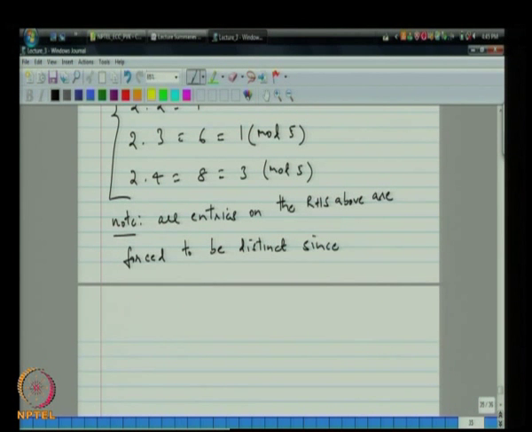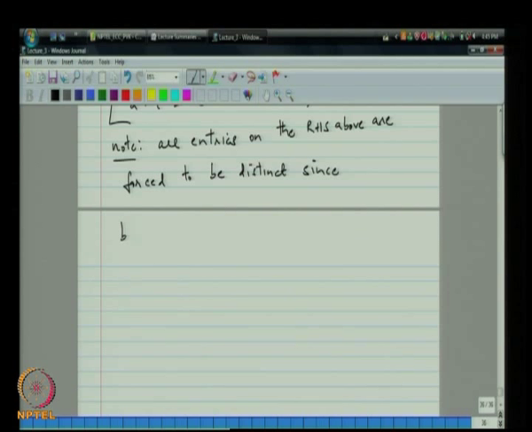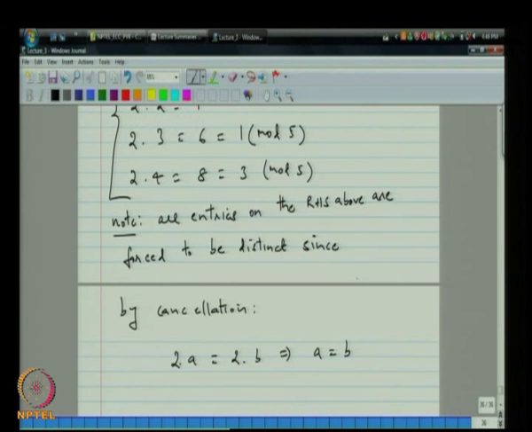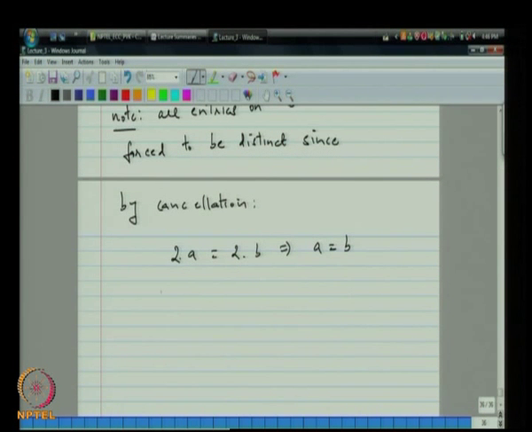Since by cancellation, 2 into A equal to 2 into B implies that A is equal to B, because otherwise this would imply that 2 into A minus B equal to 0, which is impossible.